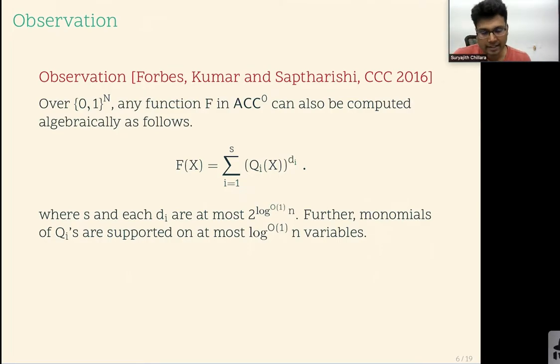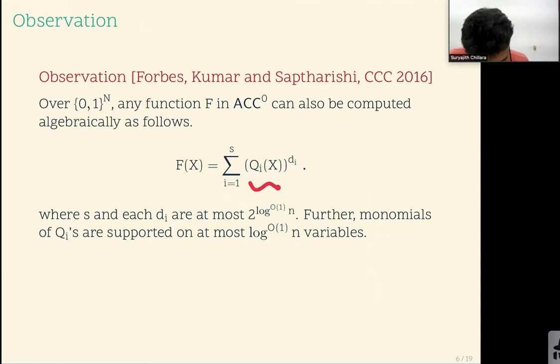So using this characterization, the depth 2 circuit which was given by Beigel-Tarui can be algebraized into the following algebraic expression. Any function f in AC0 can also be computed algebraically using an expression which can be written as a sum of powers of polynomials.